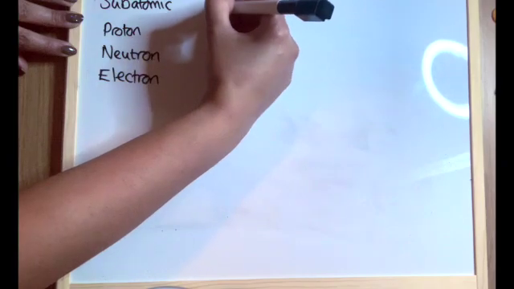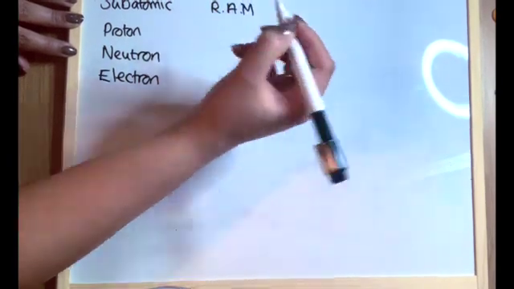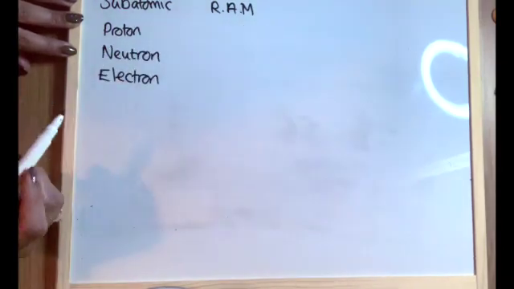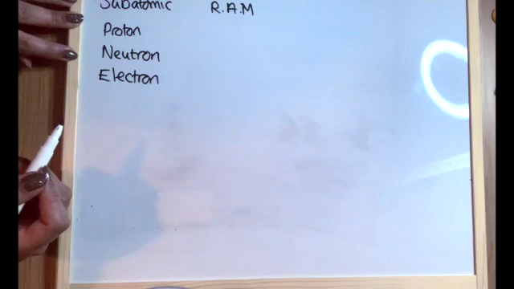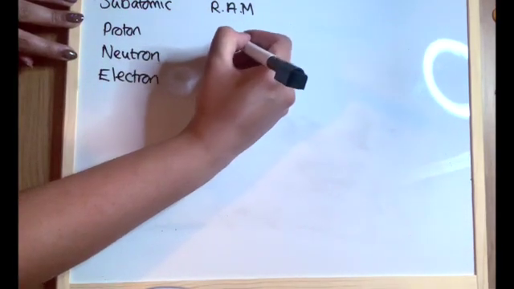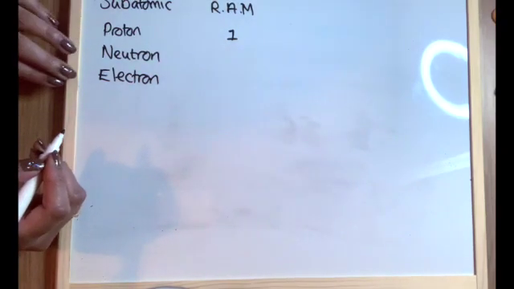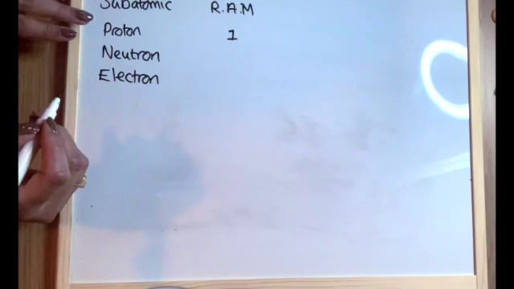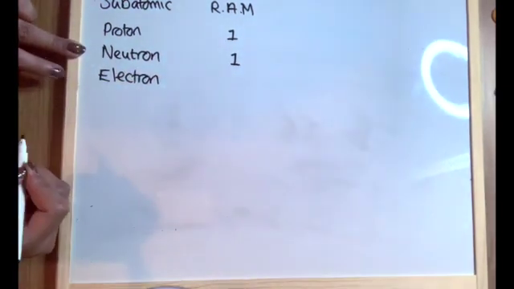Now, then we have the relative atomic mass. Sometimes you'll see it written in this way for short, relative atomic mass. And the relative atomic mass of a proton, we said, was 1. So that's one of the larger parts of the atom. The neutron is a similar size to the proton. So the neutron also has a relative atomic mass of 1.